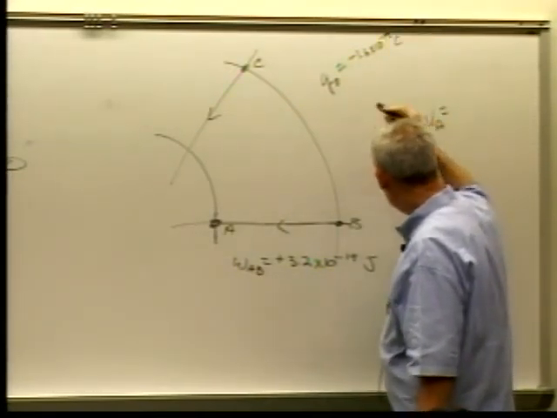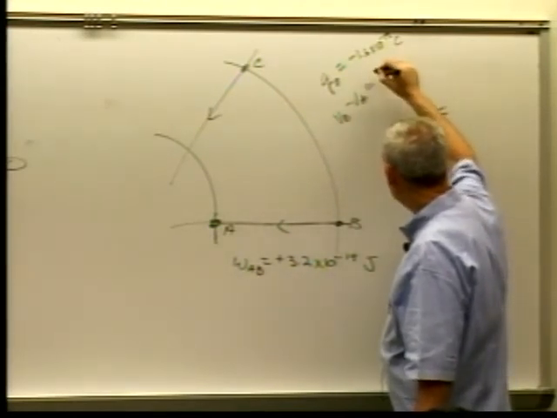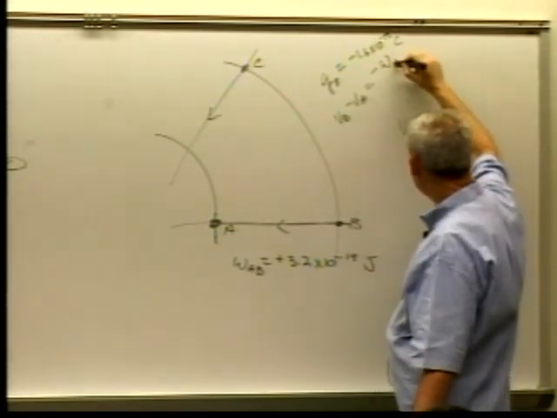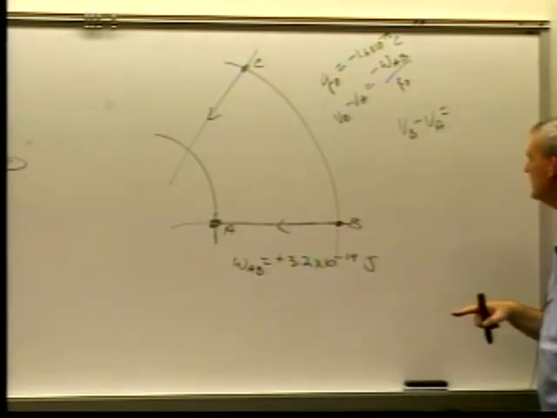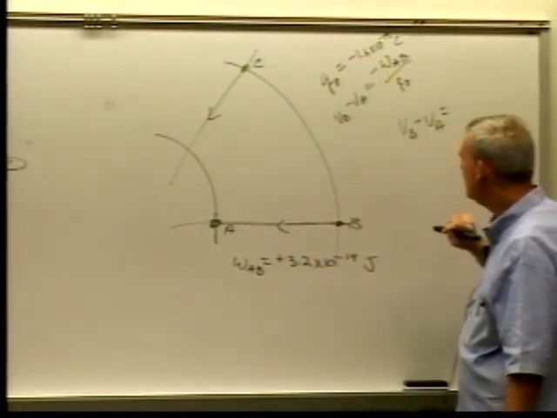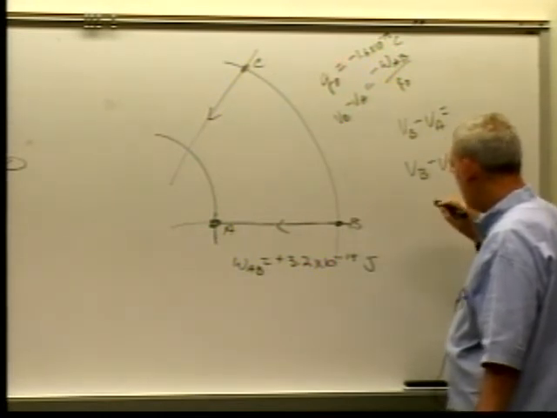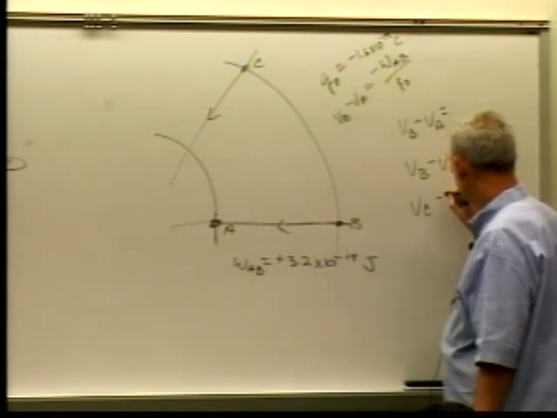And also know this, that VB minus VA equals the negative work AB divided by Q naught. What's VB minus VA? What's VB minus VC? And what's VC minus VA?